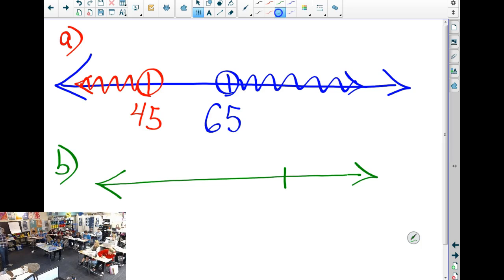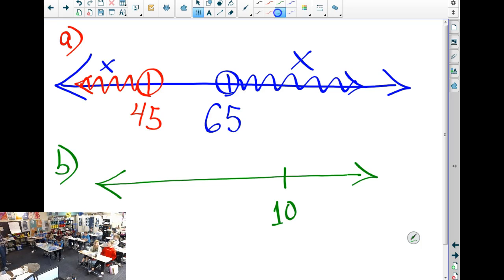Y is actually what we're shading. Up here, this was X, speeds that will get you a ticket, right? We shaded all the speeds that will get you a ticket. What number do we have referenced in this problem? 10. So that's the number that we want to put under here.